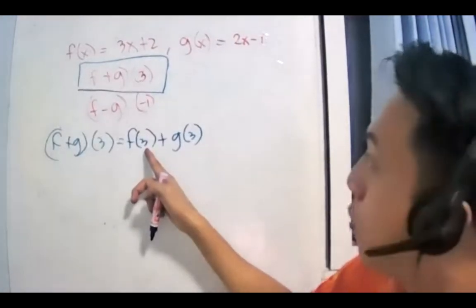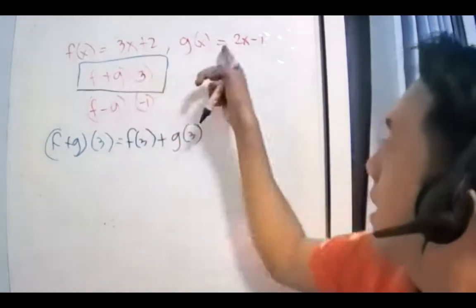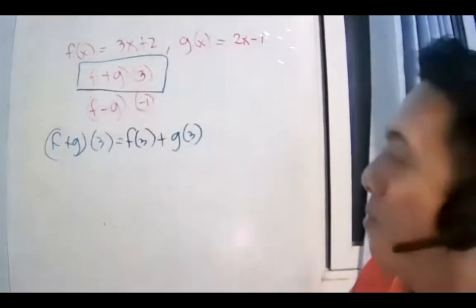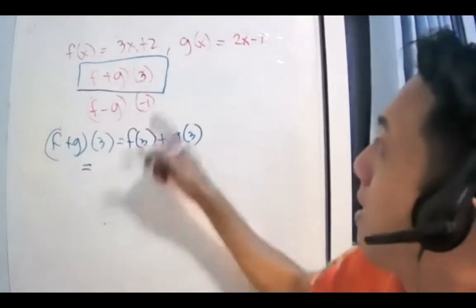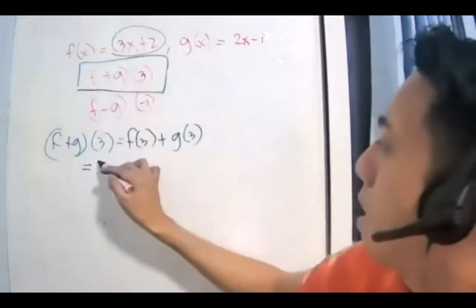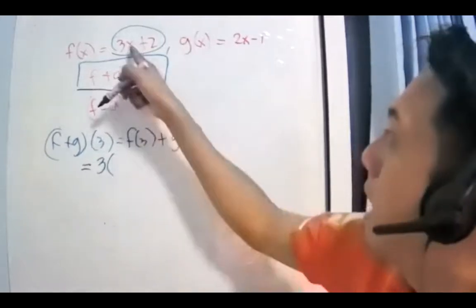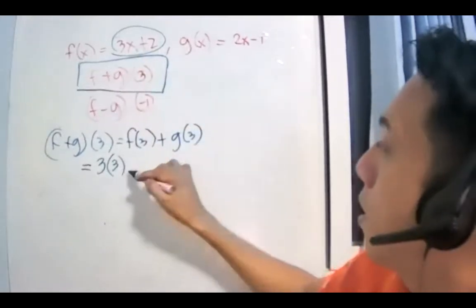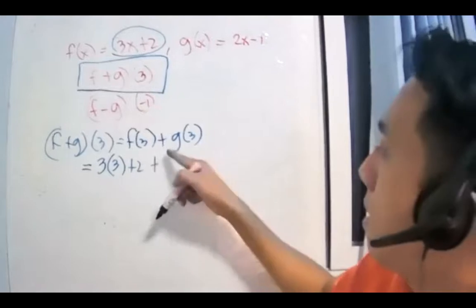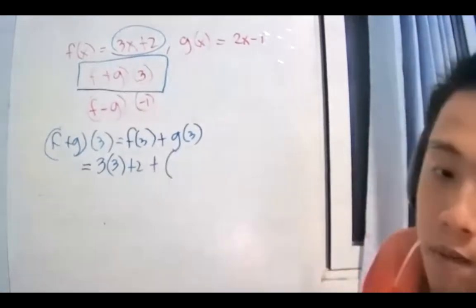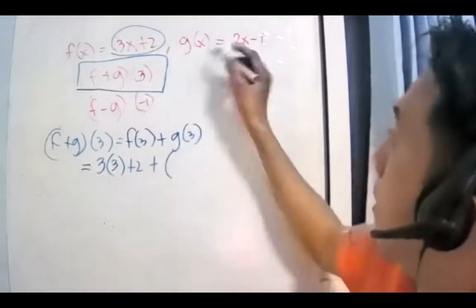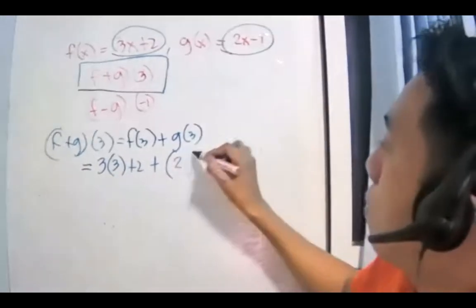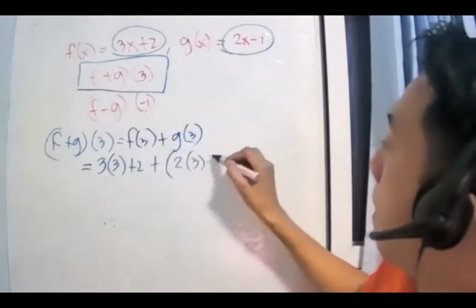Correct? So, we will change x's here by 3. As simple as that. For f of 3, this is our f of x, right? So I will just copy 3, and then change x as 3, plus 2, plus an open and close parenthesis. This is our g, so I will copy 2 and then 3 minus 1.